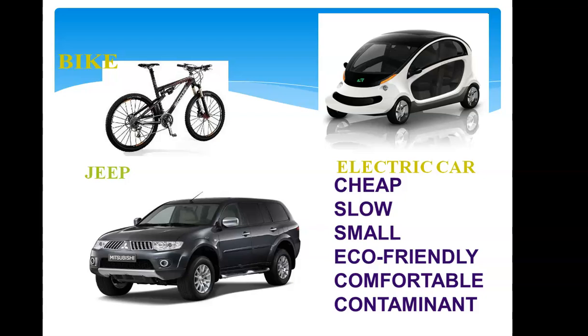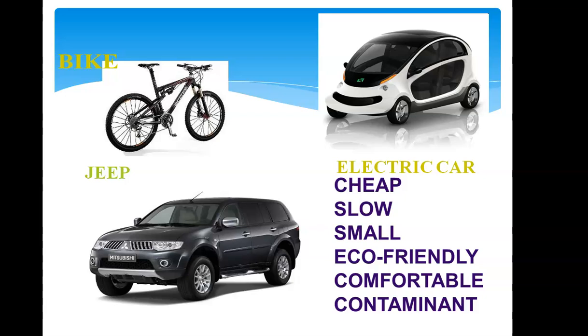The bike and also the jeep will be slower than the electric car. The bike will be smaller than the electric car and the jeep also. The electric car is smaller than the jeep, for example.